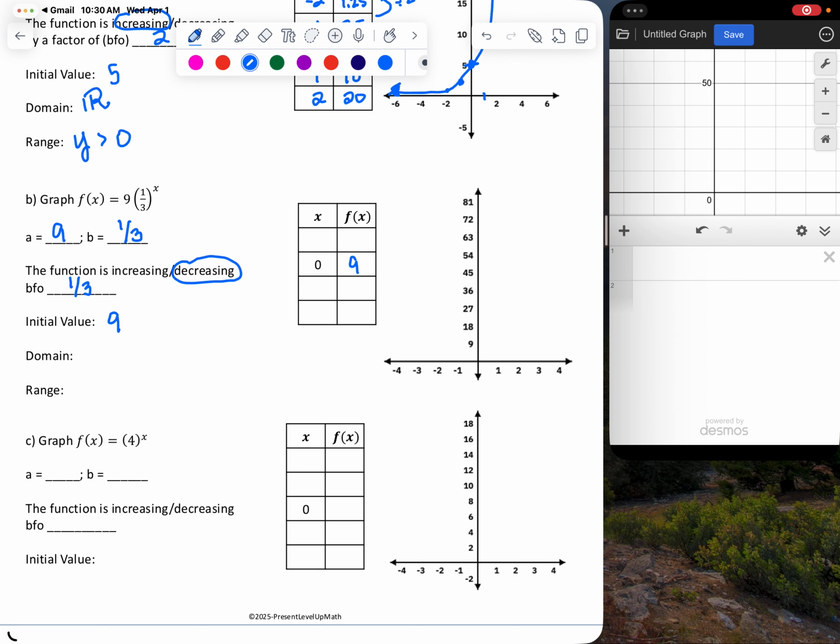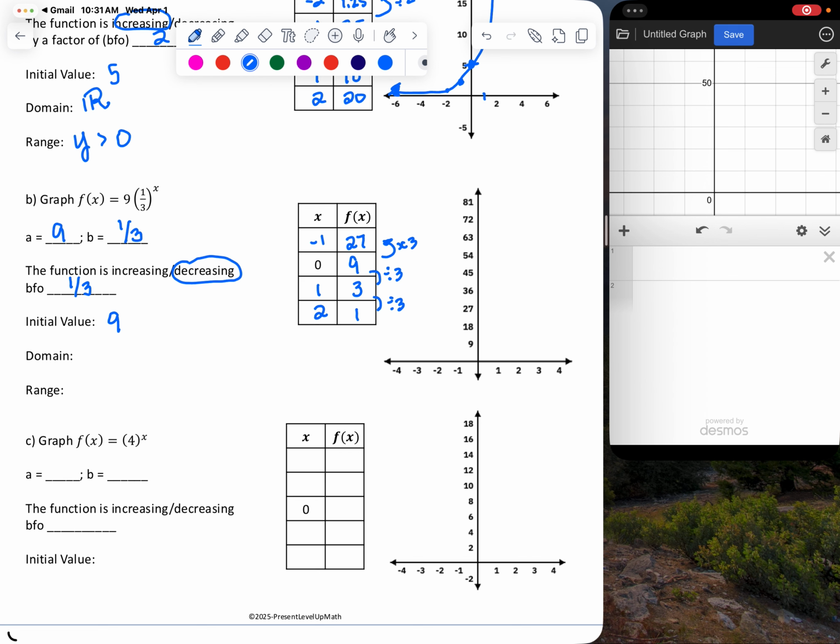Now, because I'm multiplying each y value by 1/3, if I increase x by 1, this would have to be 3. If I increase by 1 again, 3 times 1/3 is 1. So each time, divide by 3, divide by 3. So to get negative 1, I'm going to have to go the opposite way and multiply by 3, which means this y value is 27.